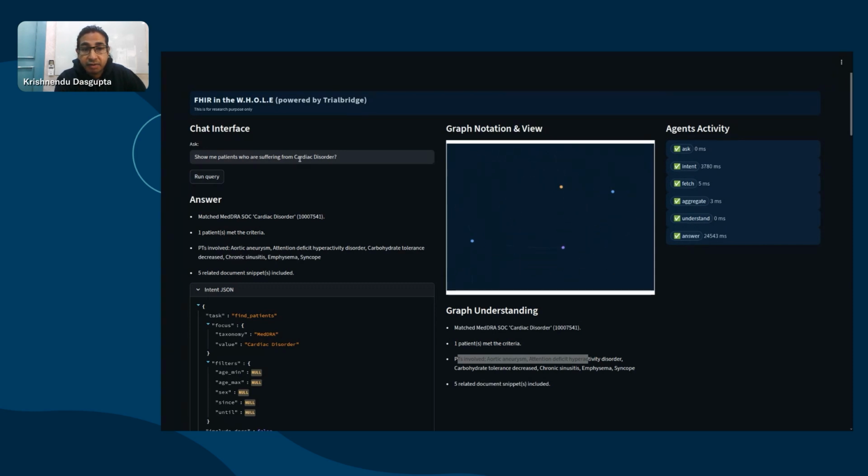For example, my question was on cardiac disorder. So, okay, this is vascular. There has to be a cardiac disorder. I think this is respiratory.